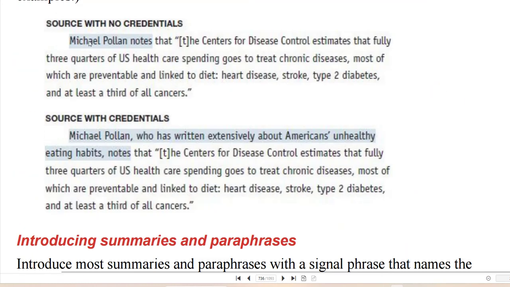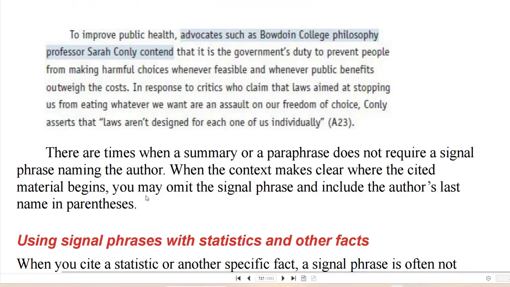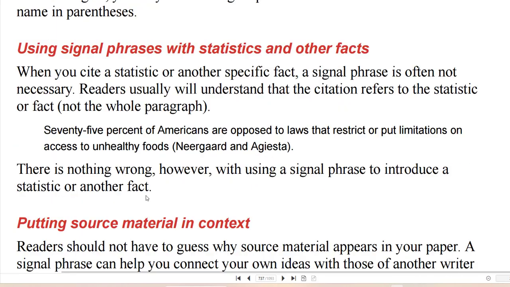So here you have Michael Pollan, a source with no credentials. Michael Pollan notes that. So when you say Michael Pollan notes that, that is a signal phrase, and that signals to the reader that you're about to start an in-text citation. Every time you use any kind of numbers, you have to cite your source.